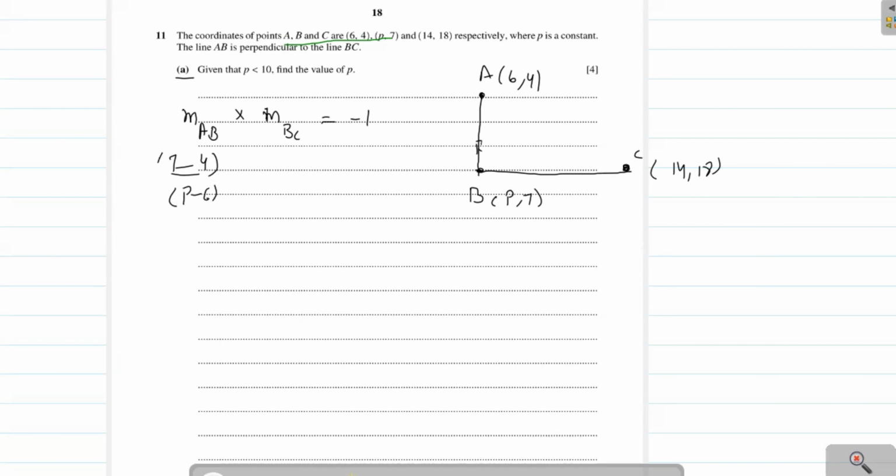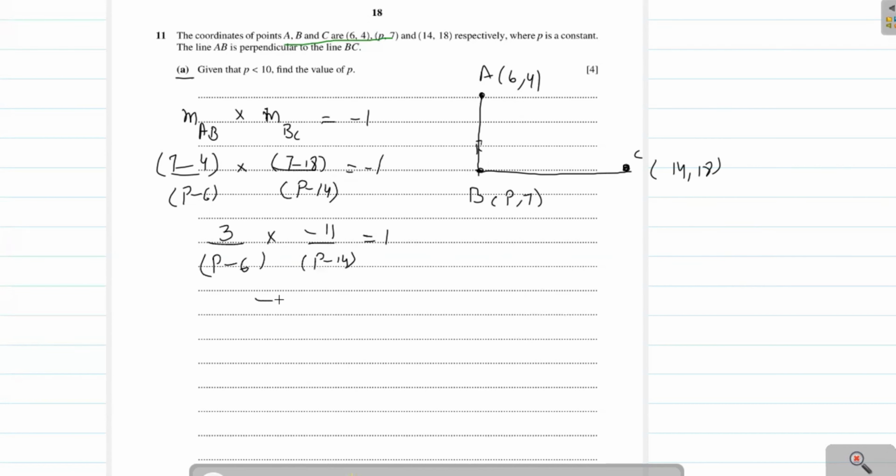The gradient of BC is 7 minus 18 over P minus 14, equal to minus 1. Now we can write 3 over P minus 6 into minus 11 over P minus 14 equal to minus 1.